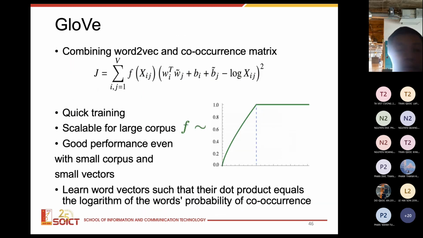There is other work that tries to leverage the co-occurrence matrix to build word vectors.